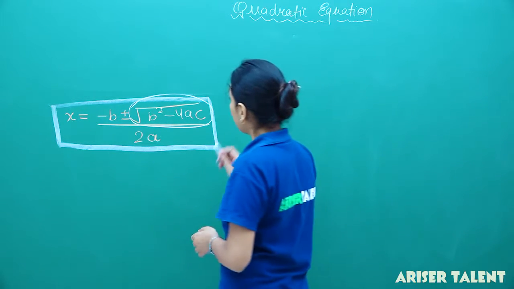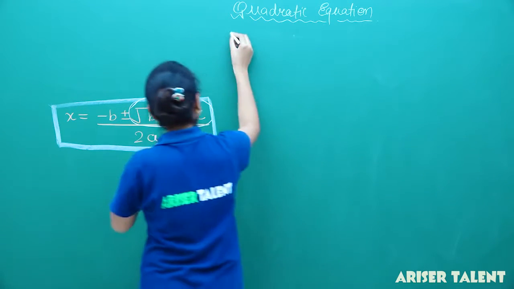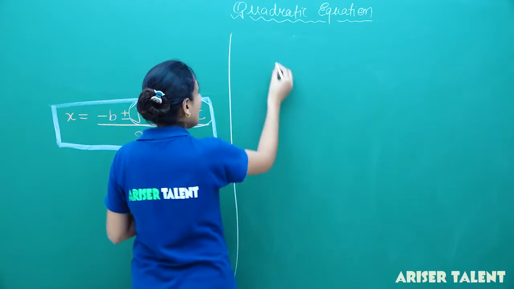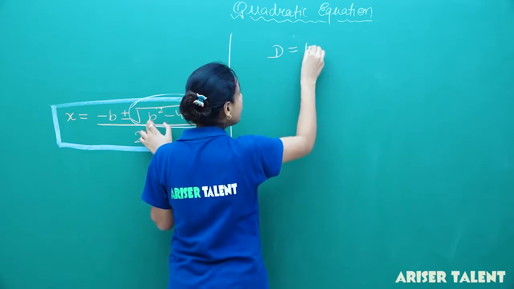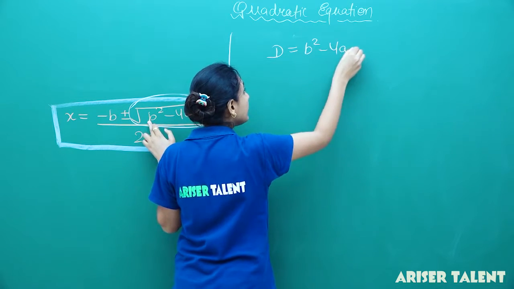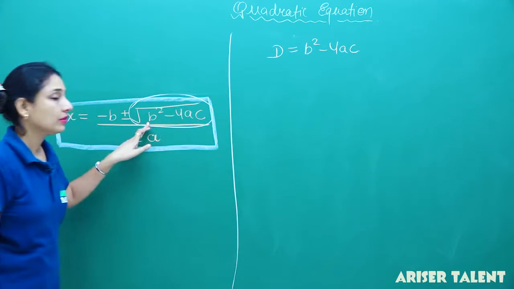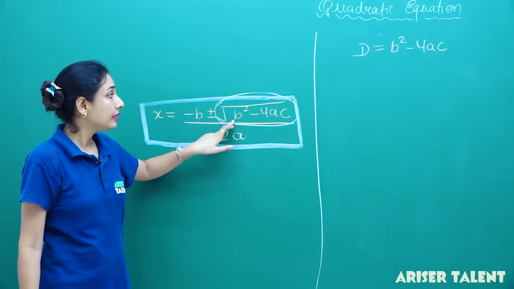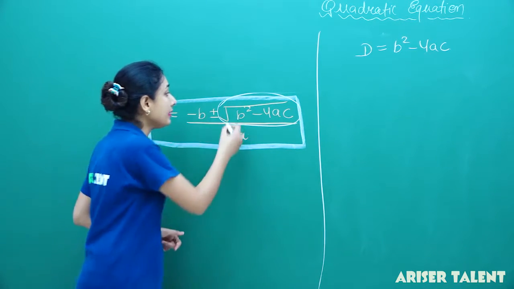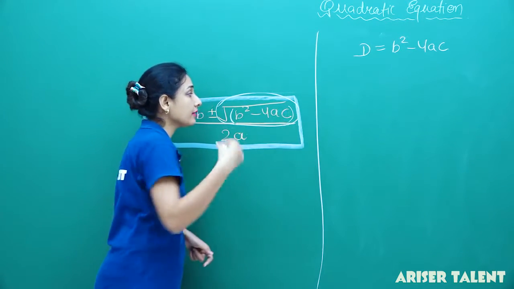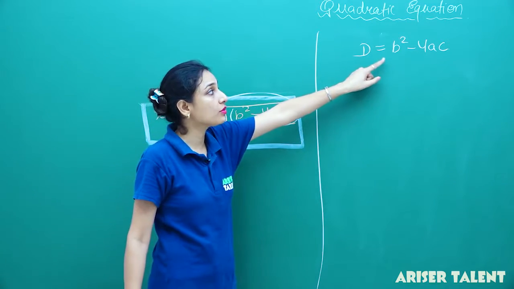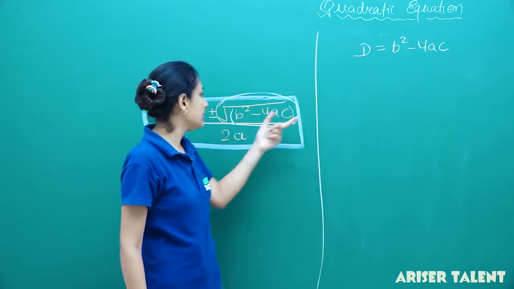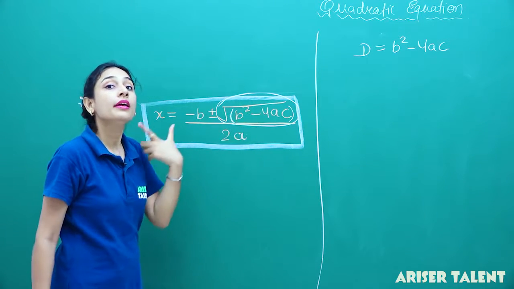Okay, students. Now, this d will be equal to b square minus 4ac. Look here. This is the discriminant, the value under this root is my discriminant, whose value is d equals b square minus 4ac. I have just supposed this value is d.